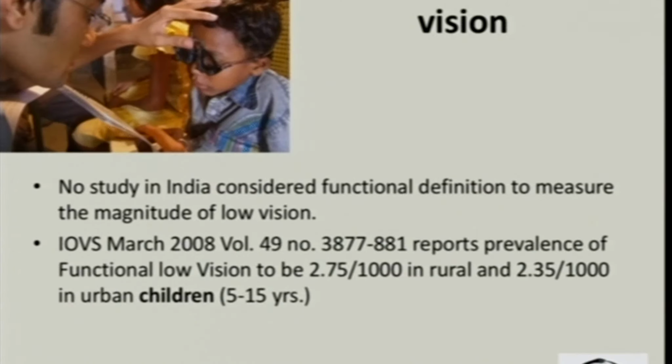If you look at the magnitude, in India roughly about 2 to 3 children per 1,000 children need some kind of low vision assistance.